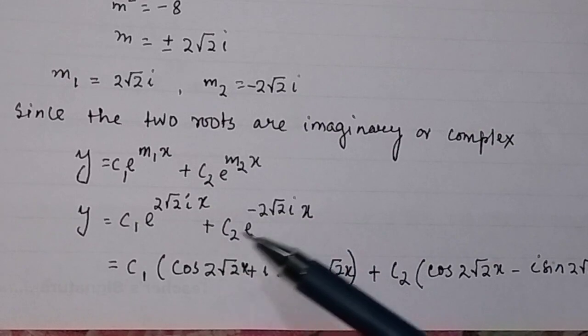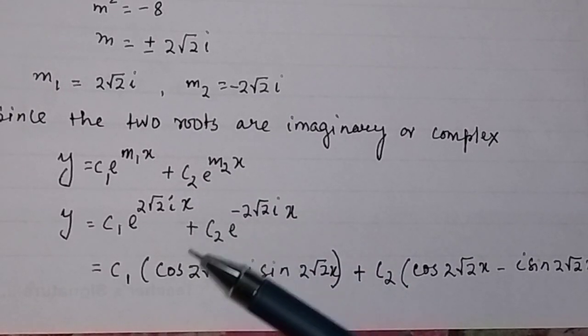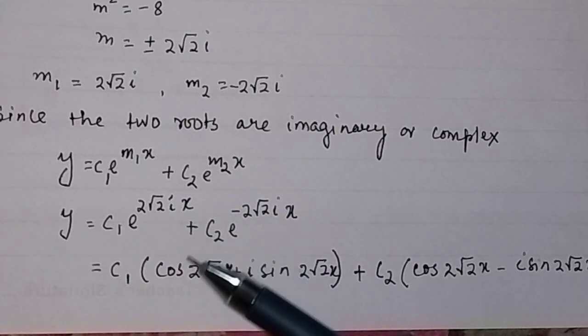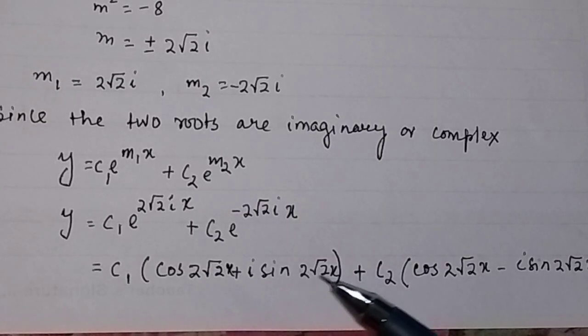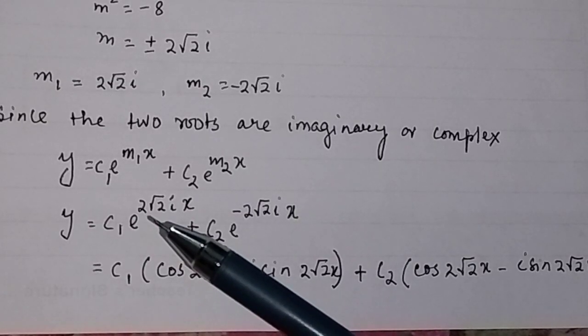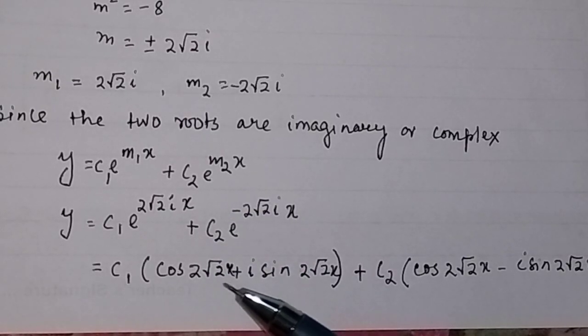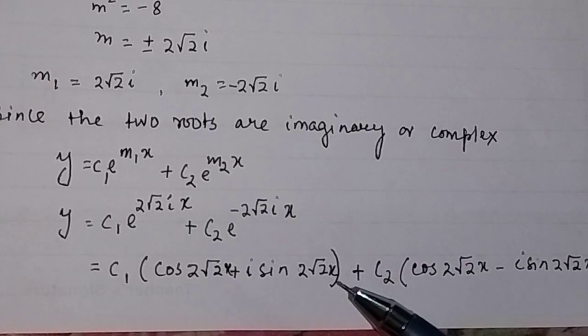So you have two roots, and we know e to the power i theta can be written in this form: cos theta plus i sin theta. That means e to the power 2 root 2 ix will be equal to cos 2 root 2 x plus i sin 2 root 2 x.